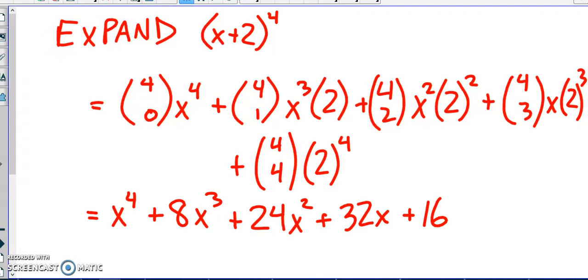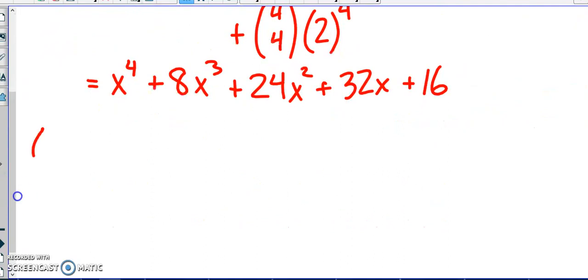Now let's do one that has a 5th power on it. 2x minus y to the 5th.